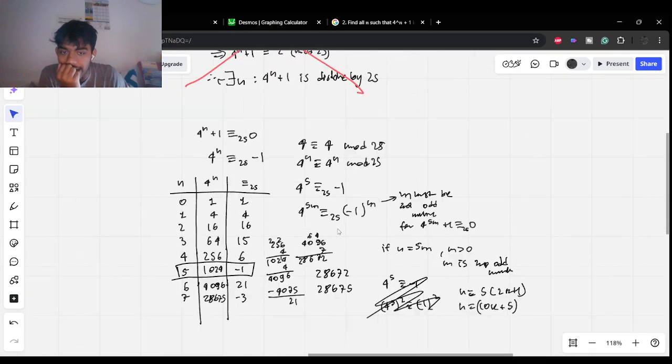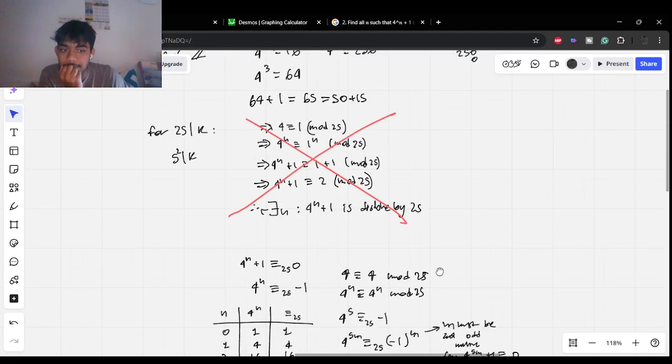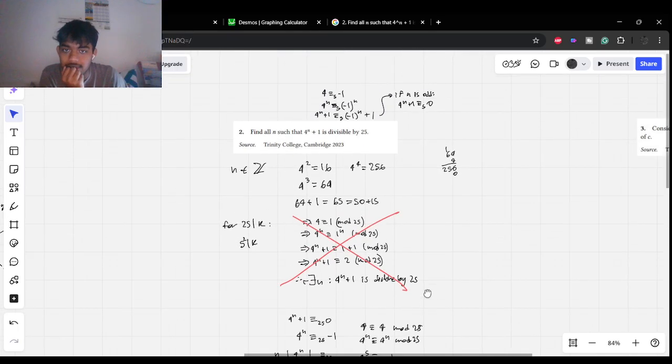But I like how I structured my answer here. But ignore this, this is just before I had an epiphany. But that looks fine. Okay, nice.